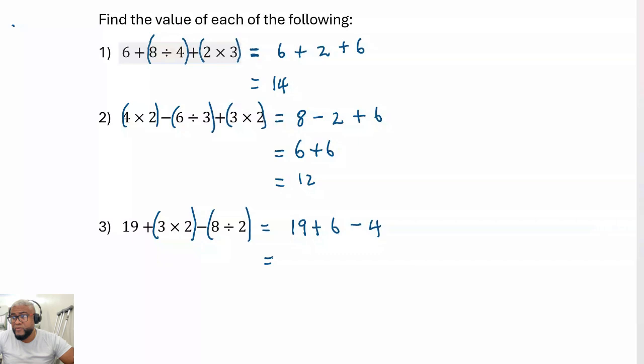Right, and then when we move from left to right, what would we get? 19 plus 6 is? 25. 25 minus 4 would give me? 21. Right? Raise your hand if you got this before me. All right, Logan, Zai, Francis, Tila, Amani.